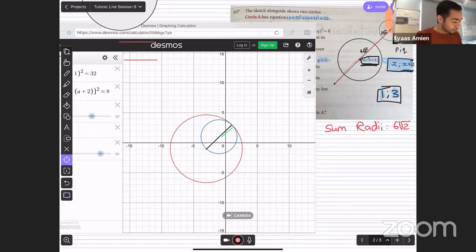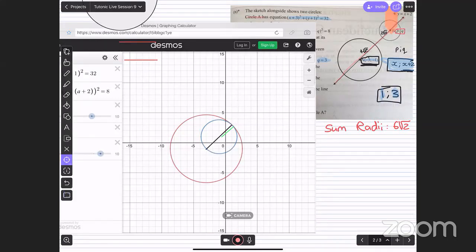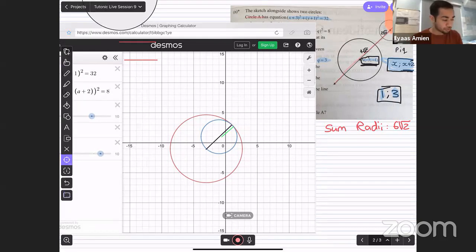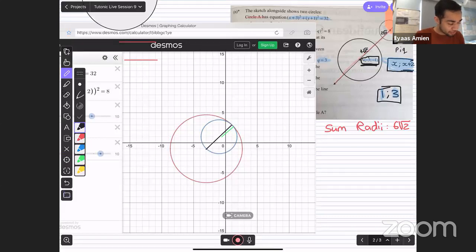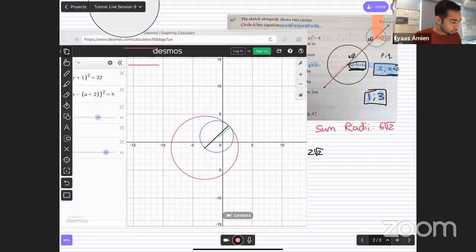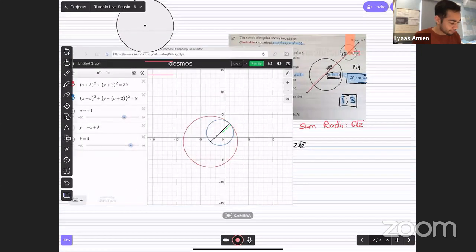So what is the big radius minus the small radius equal to? 2√2. It's 2 root 2, because it's 4 root 2 minus 2 root 2. Okay, that's the distance. It's 2 root 2. And what's 2 root 2 squared? 8.